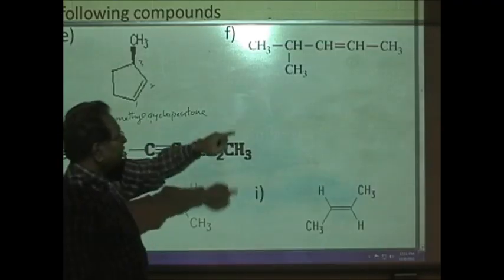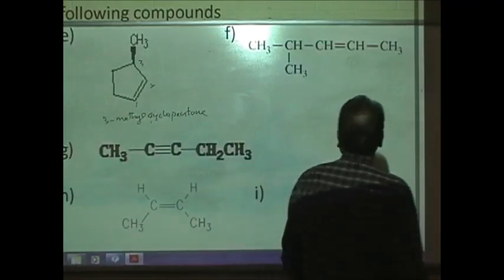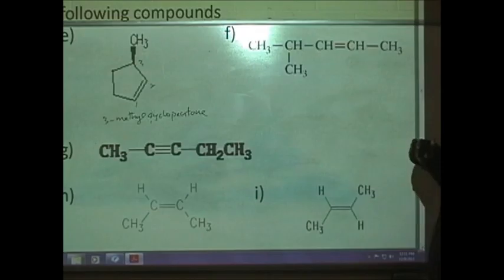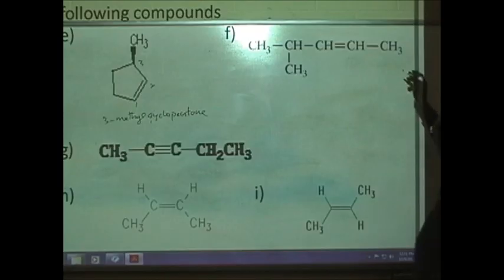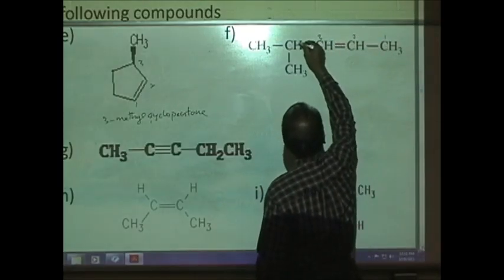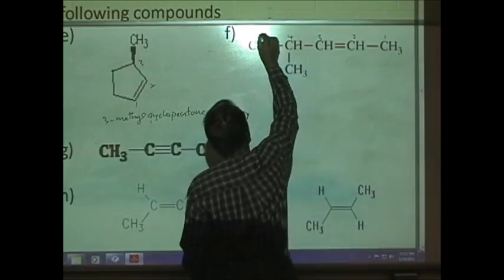Okay, now this one. This is the alkene. Again, the longest chain is what? 1, 2, 3, 4, 5. Which way do you number, right to left? 1, 2, 3, 4, 5.